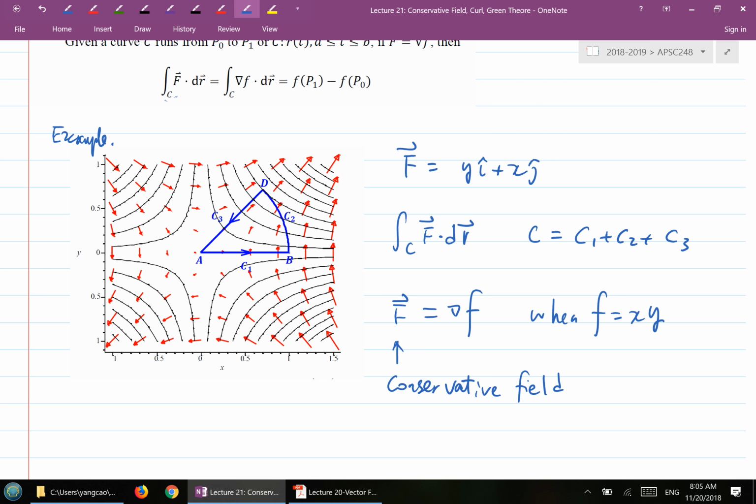So basically I don't need to calculate this line integral as usual. I can simply use the value of this potential function f at the end point minus the value of the potential function f at the beginning point. If you recall, we call this function the potential function.